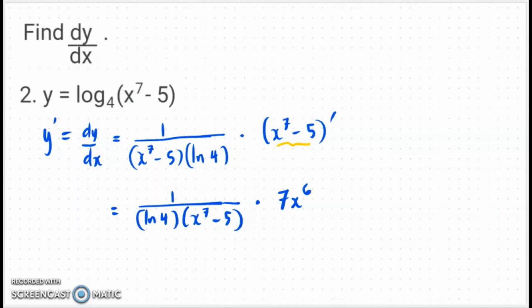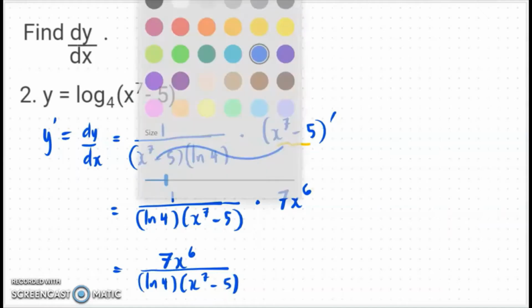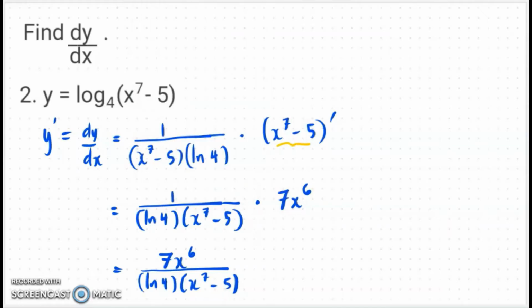And finally, our answer is, we can actually move the 7x raised to 6 as a numerator. So, we have 7x raised to 6 over ln 4 multiplied by x raised to 7 minus 5. So, that is our y prime here, or the derivative of y with respect to x.